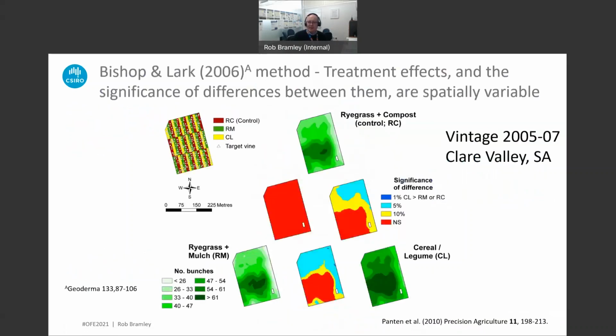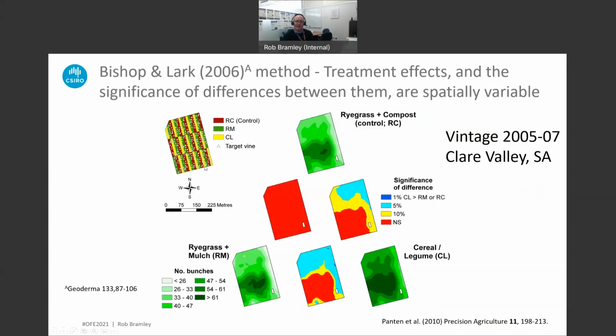Back to vineyard experimentation, and here's a somewhat similar experiment to the one I showed you before that we did in the Clare Valley of South Australia, again several years ago. By the time we did this experiment, we had the advantage of the Bishop and Lark method for doing a spatial assessment of treatment effects and of the significance of differences between them.